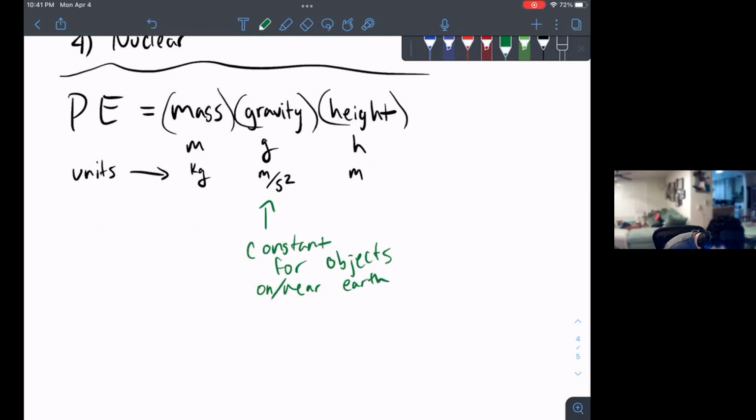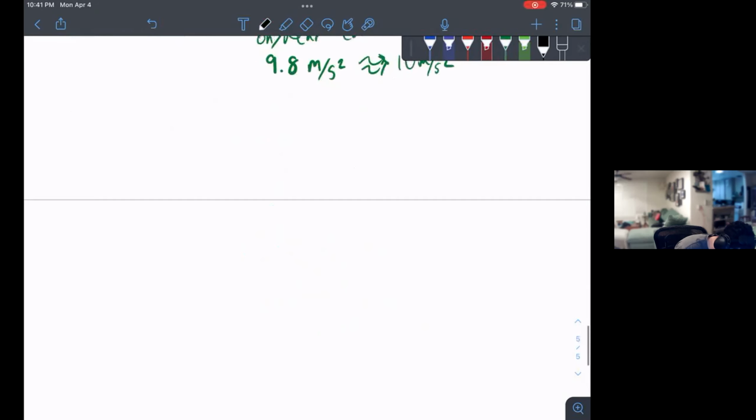And this is going to be about 9.8 meters per second squared. Sometimes you'll abbreviate it to about 10 meters per second squared if you're lazy and you're trying to make your math easy. But it's about 9.8 meters per second squared. So without further ado, let's just go ahead and jump into an example.